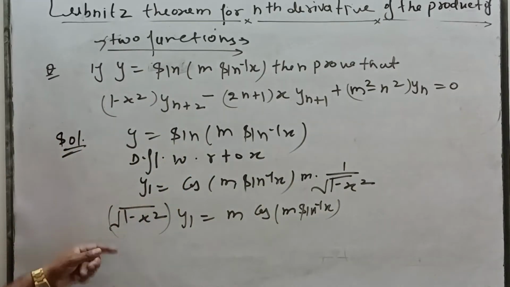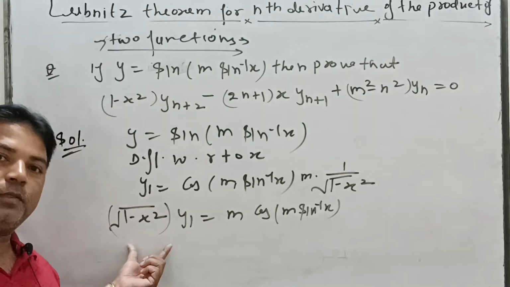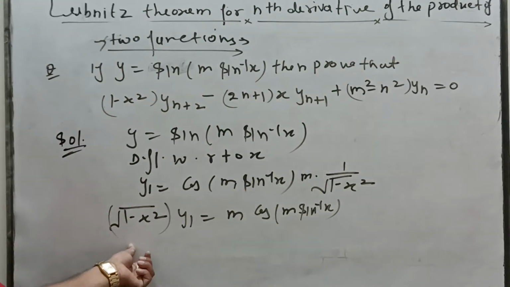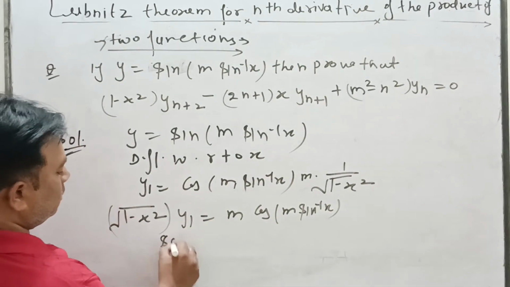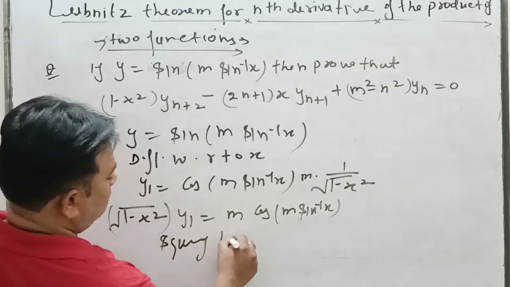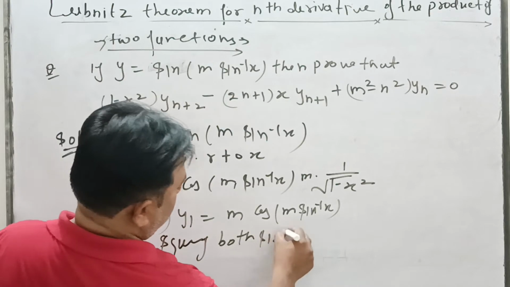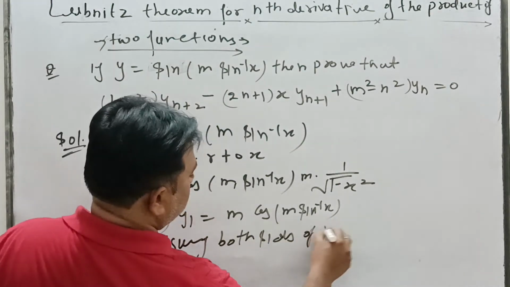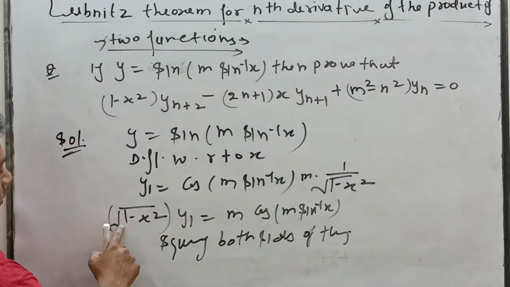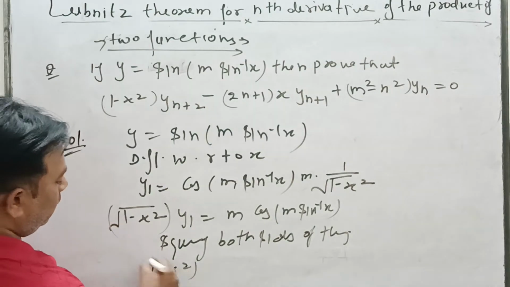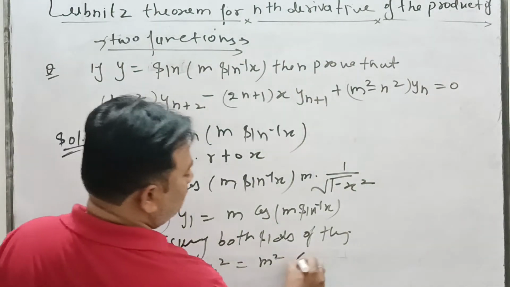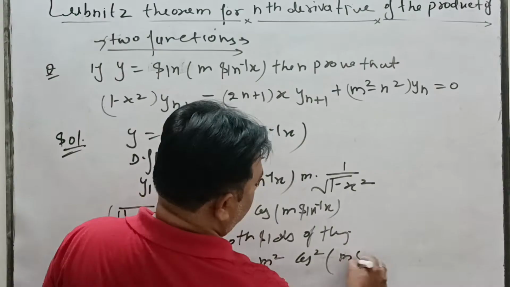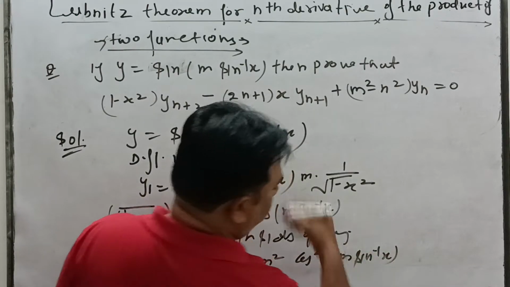But we must cancel the root, so squaring both sides, we get 1 minus x square times y1 square equals m square cos square(m sin inverse of x).